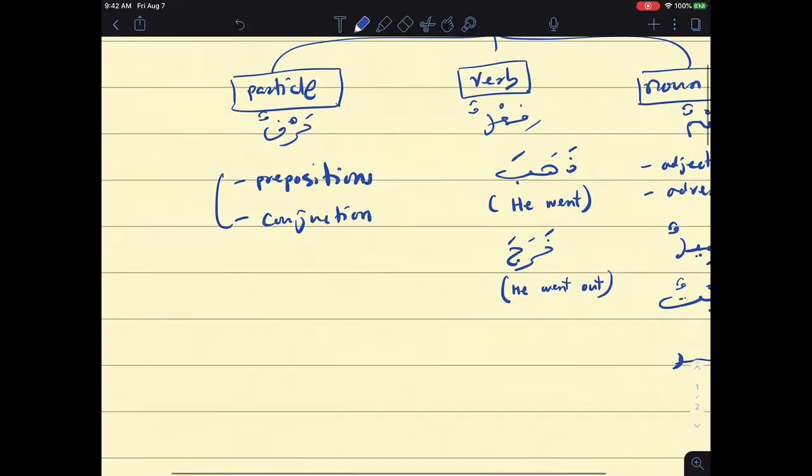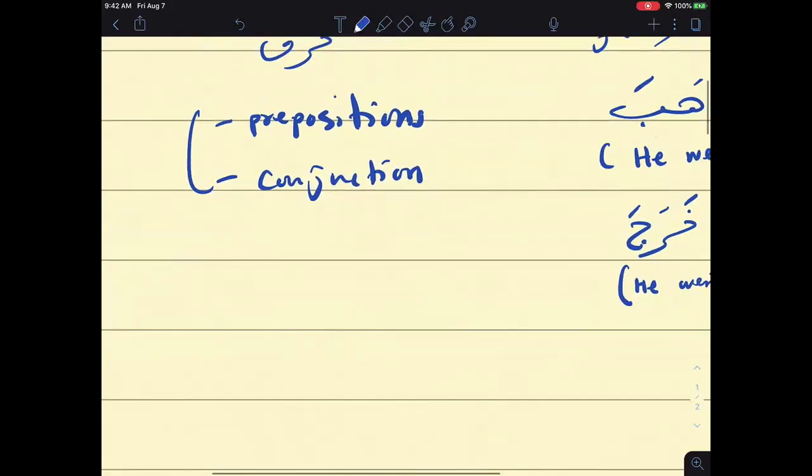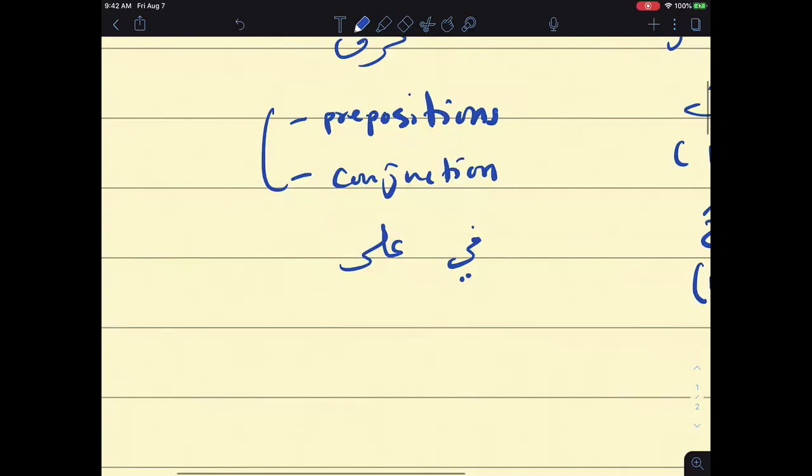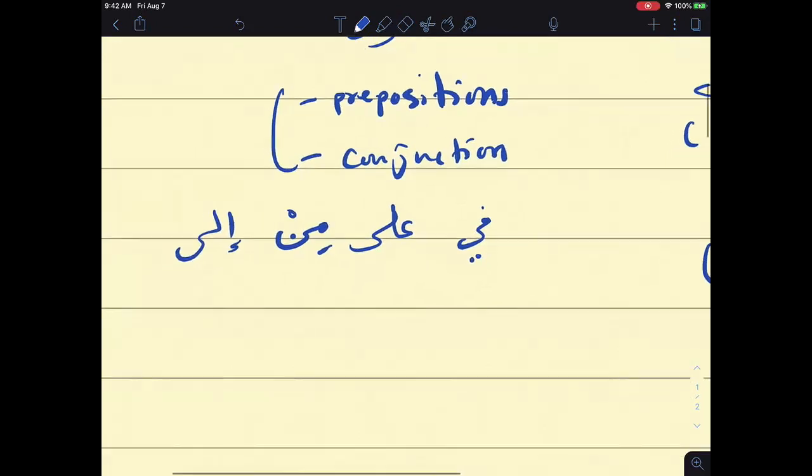Obviously our main topic is preposition, and we know some of the prepositions, right? The book will give you a lot of them. We have fi, and we studied ala, and we'll be studying a few more, min and ila. So what is fi? Quick type. In, yes.